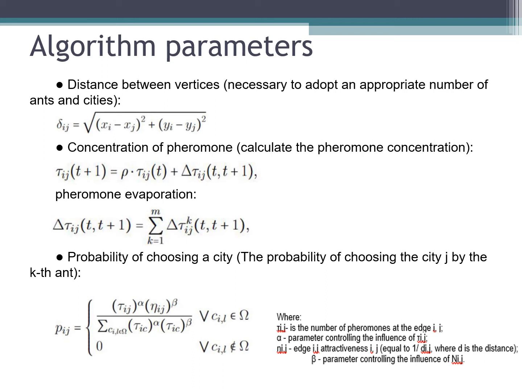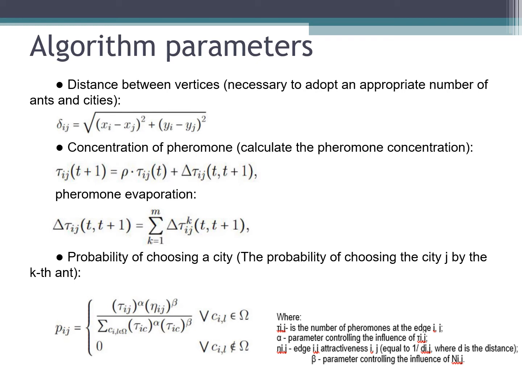Concentration of pheromone is another parameter, and we can calculate it with the following formula, where the value of the concentration of pheromone tau ij at time t plus 1 is equal to the pheromone concentration tau ij at time t with the influence of delta tau, which is the pheromone evaporation.